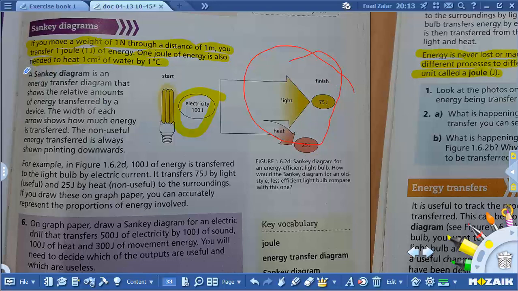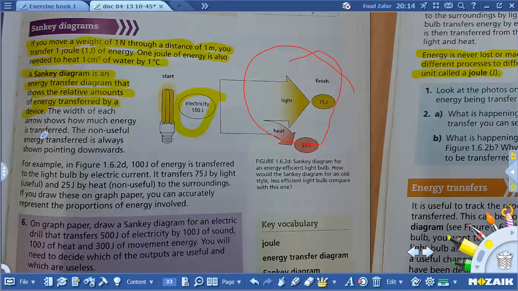A Sankey diagram is an energy transfer diagram that shows the relative amount of energy transferred by a device. It shows how energy is being transferred. The width of each arrow shows how much energy is transferred. You can see here the arrows, how much energy is being transferred.